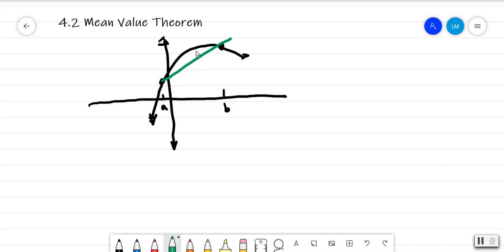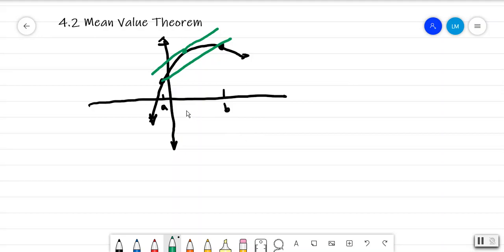But then note that we can form another line which runs approximately parallel to here. It's going to be a little difficult, but let's just go ahead and try. Okay.